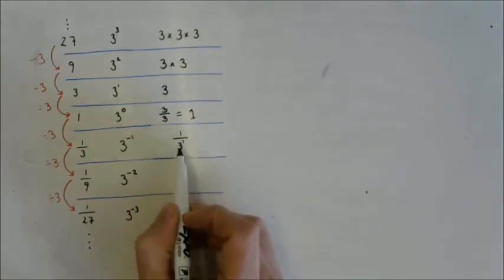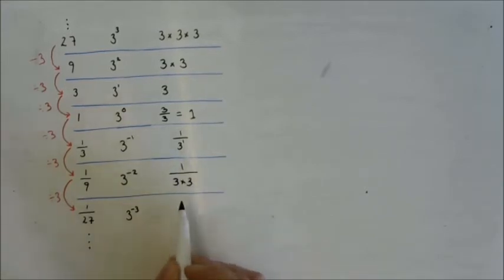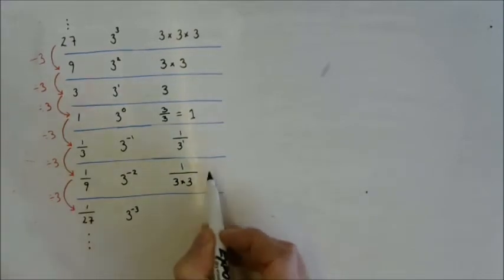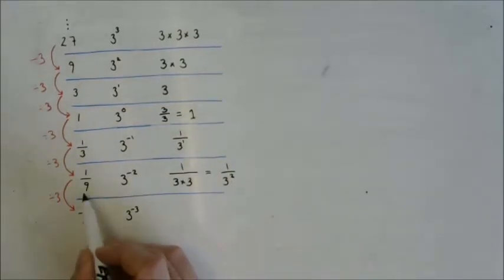Well, if we divide that by 3 again, really all we're doing is putting another 3 in our denominator. So we end up with 2 factors of 3 in our denominator. Well, isn't that the same as 1 over 3 squared? And that matches up with our first column, 1 over 9.